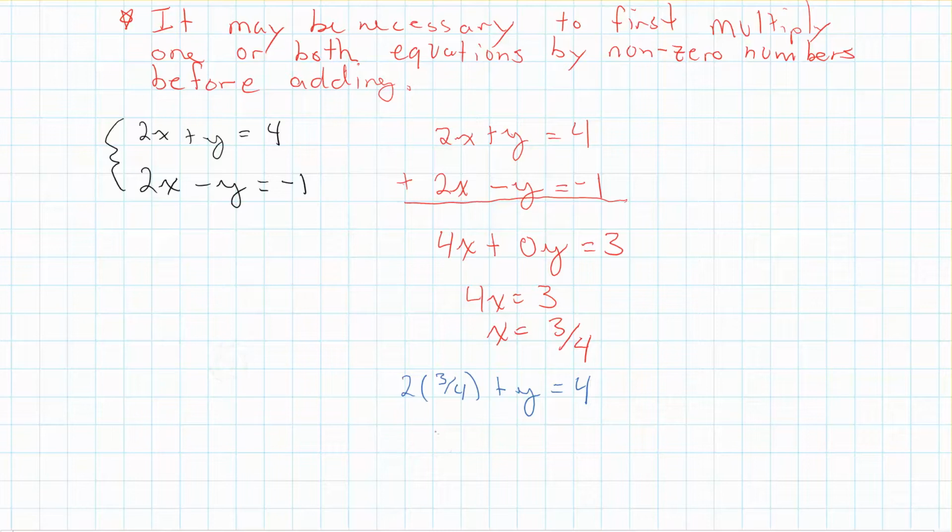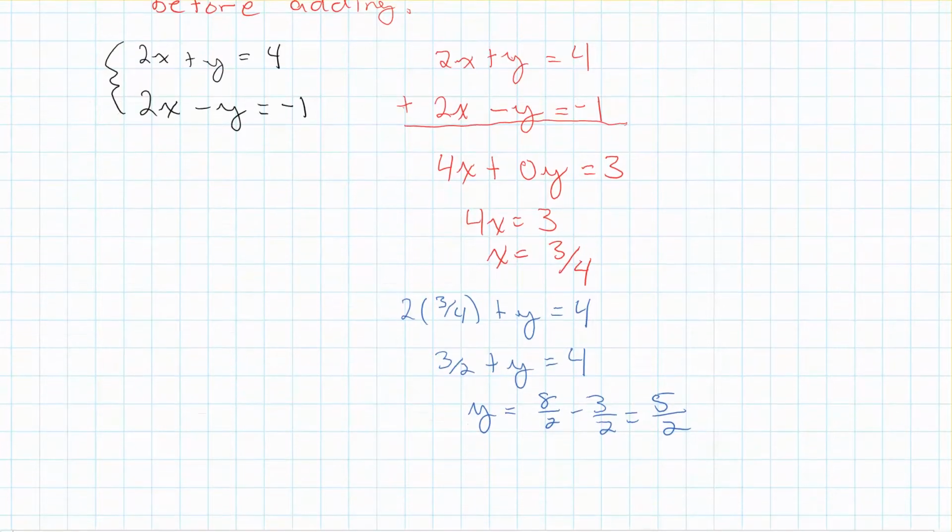So this would be 3/2 plus y equals 4. So y would be 8/2 minus 3/2, which is just 5/2. And hopefully when you do the other one, you should get the same answer. And you do. If you don't, that means you've made a mistake.